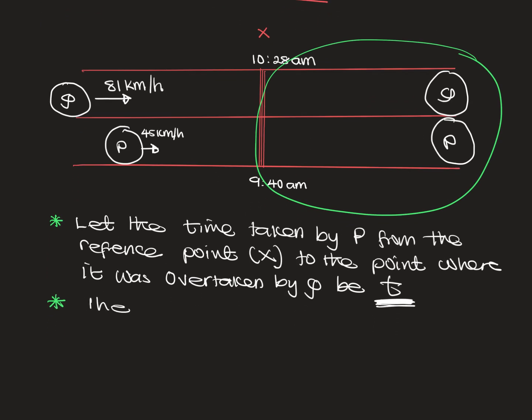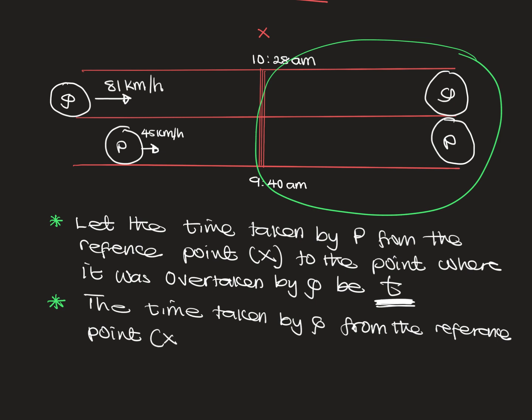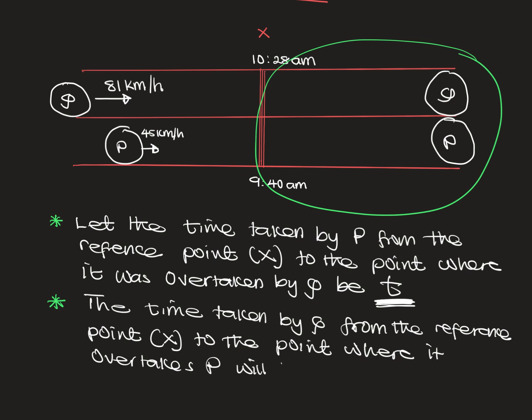The time taken by Q from the reference point to the point where it overtakes P will be T minus 48 minutes, right?